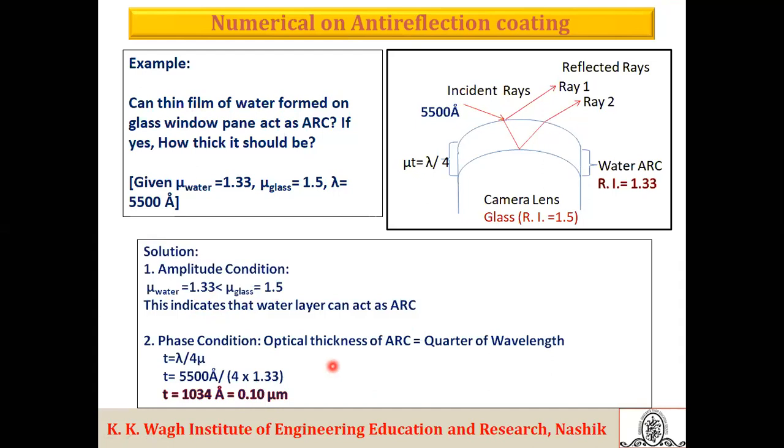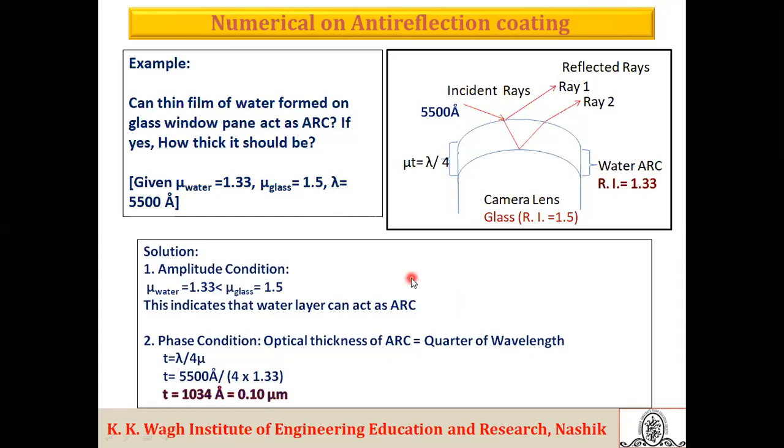And hence, the second condition, the phase condition, t is equal to lambda by 4 mu, that is lambda is 5500 angstrom upon 4 into mu as 1.33 gives you the answer 1034 angstrom or 0.1 micron. A thin layer of 0.1 micron of water when spread on glass or a window pane will act as anti-reflection coating.